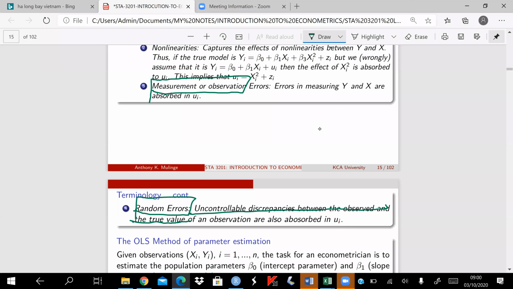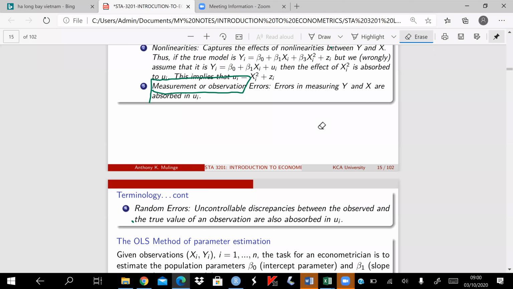The measurement error is because of the tools or maybe the biases, or the mistakes that accompany recording and capturing of the data. But there are some other errors which are not observable, which are very random, which are inherent in every process, and cannot be controlled. So all those effects are also captured here.